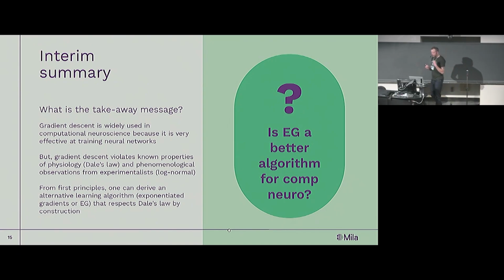We believe that it should provide the same power for training neural networks as gradient descent, but in a manner that respects Dale's law, and we wonder, as you'll see in a moment, whether it should also match the phenomenological observations better. And if so, it would be a better algorithm to use to train neural networks in computational neuroscience.